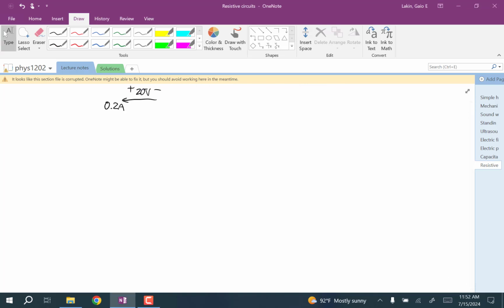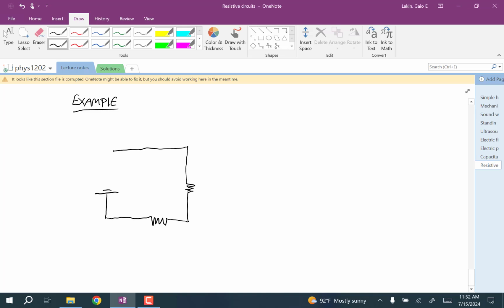Now I'm going to do a more complicated example. So let's say in this case, our battery is here, and we connect to a resistor there, and a resistor there, and another resistor there.